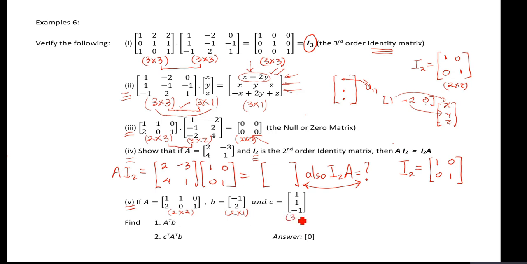This is how many rows? 3. How many columns? 1. Do you know how to get A transpose? So first find A transpose, multiply it by B, get that answer, then take the C transpose, multiply it by that answer you got from the first one and ensure that you get 0. That completes this particular lecture.